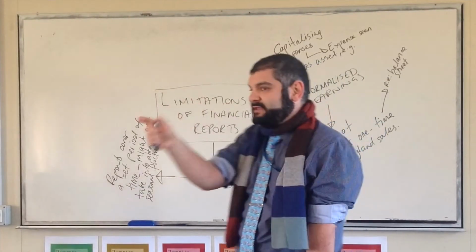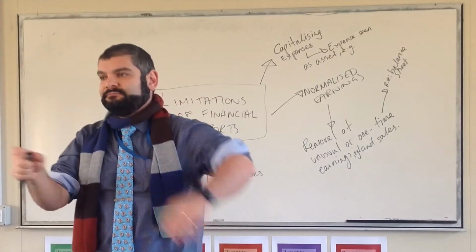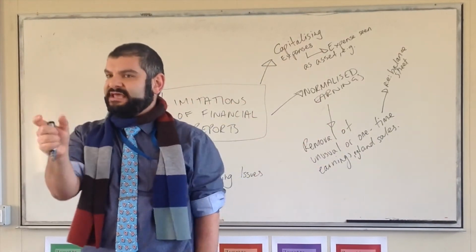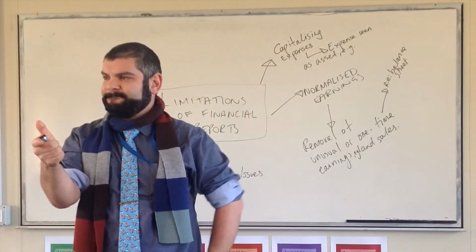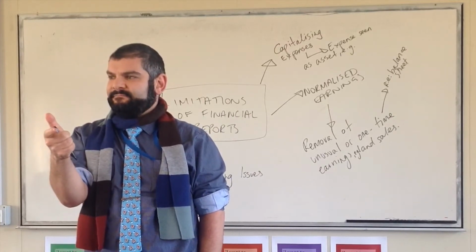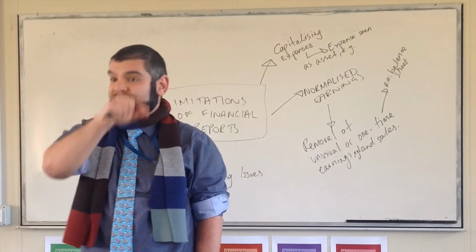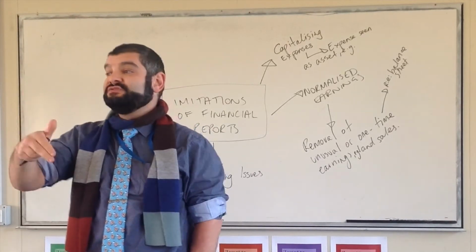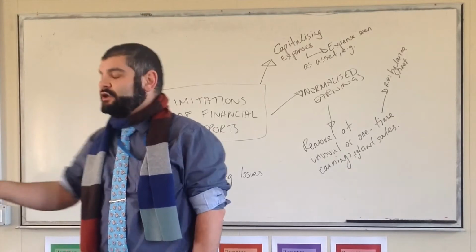So, if it's an expense, they've spent money on it, and now they're going to capitalise it. What did we just say capital meant? Or one form of capital was, other than money? Machinery. Equipment, machinery, something that produces something else of value.